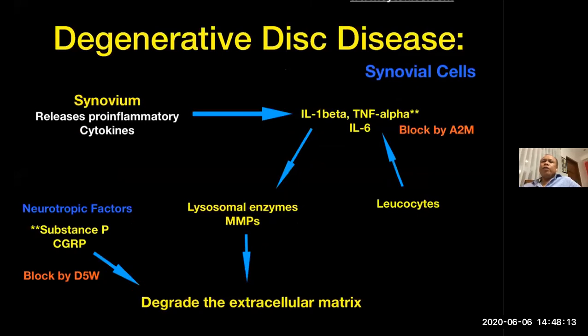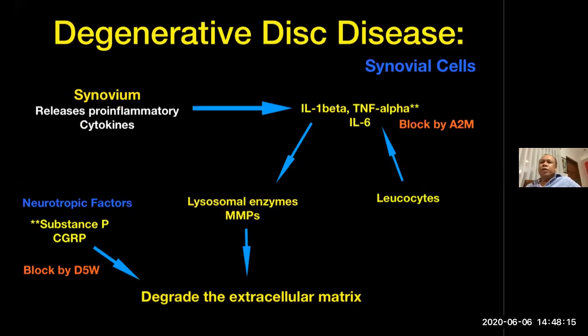Now, another issue in the degenerative disc is in the synovial cells. Of course, this is in the facet joint, and this is the one that releases pro-inflammatory cytokines. Even as we believe that the intervertebral disc degeneration can cause problems in the disc, it is also important to realize that the facet joint can also cause pain that may be referred to the back.